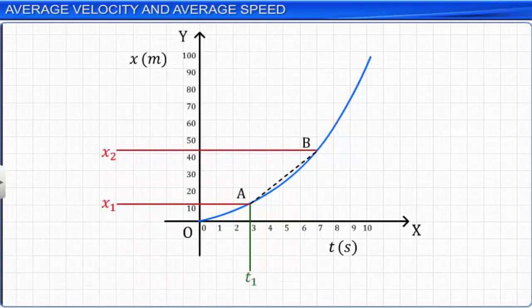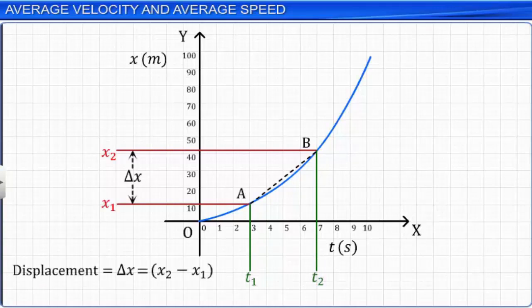The displacement delta x is the difference between x2 and x1. The time interval delta t is the difference between t2 and t1.